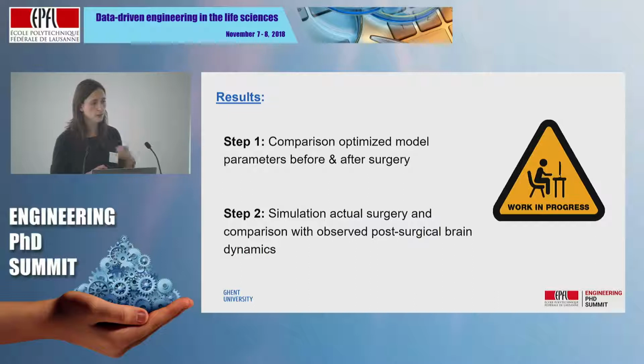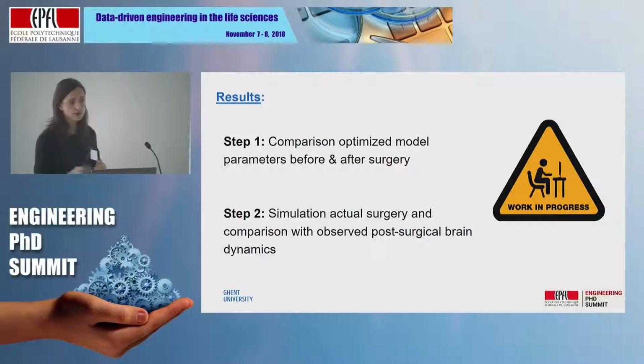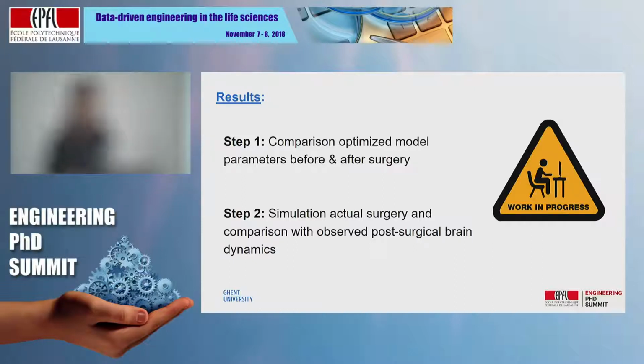That means that we will try to optimize the model parameters and then investigate how they might have changed over time, after the removal of the tumor, but also in the control subjects, so that we have a clear baseline of what we can expect of normal variability over time.